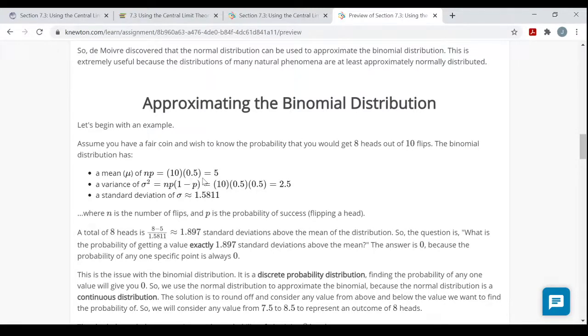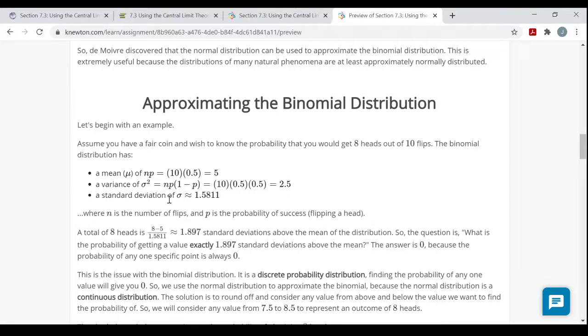So 10 times a half, your mean or expected value here is 5. And then the variance for a binomial distribution, remember that sigma squared was npq, where q was just 1 minus p. So multiplying those, 10 times a half times a half is 2.5.